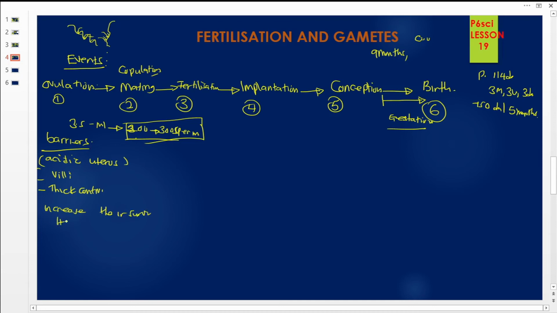Then what helps these sperms to move through all this? One, their lashing effect. They have the tail that enables them to move forward. And 3, they produce what we call a prostaglandin hormone. So what does this hormone do? It causes the contraction of the vagina.